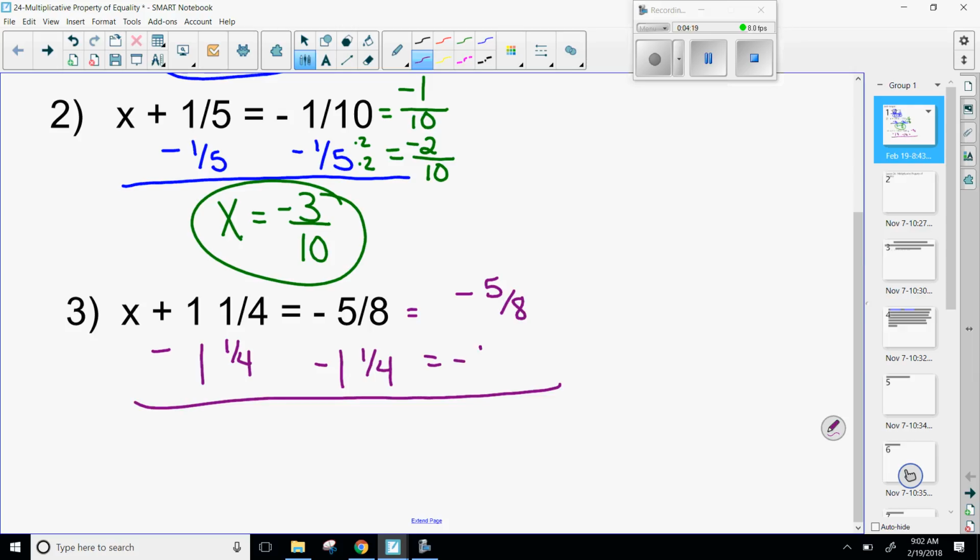And the next one becomes minus 1 and 2/8. Same sign, right? Both are negative. So what did you end up with for an answer? Yep, negative 1 and 7/8.